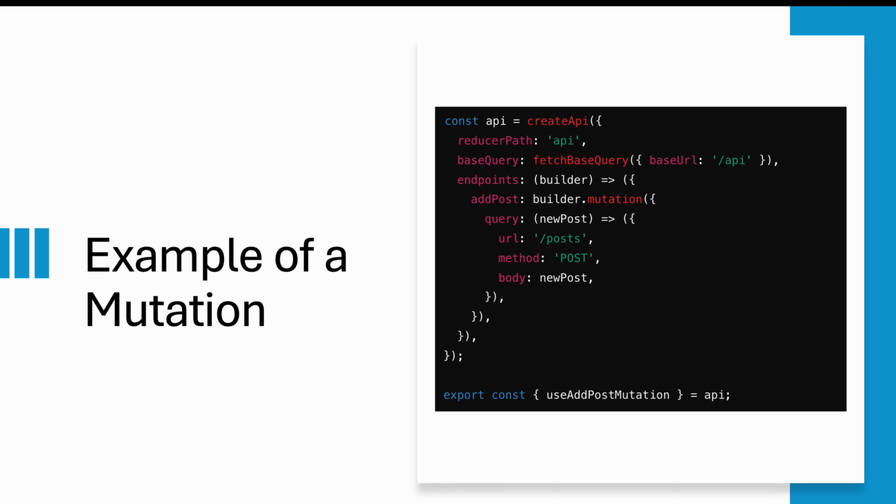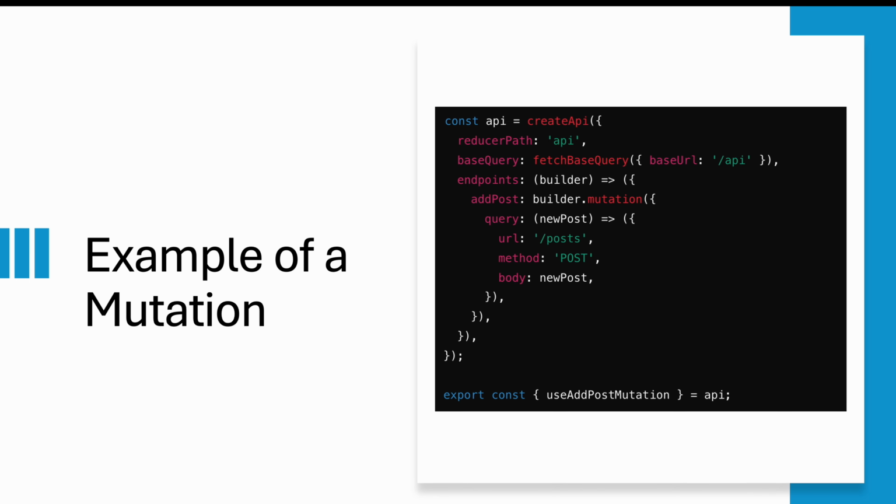All right. So, an example of mutation. You see here again we're using createApi. We have fetchBaseQuery. Now you see here the builder, right? This is a post call, and look at the way we are doing this post call. builder.mutation. This is the very basic example of mutation, right?